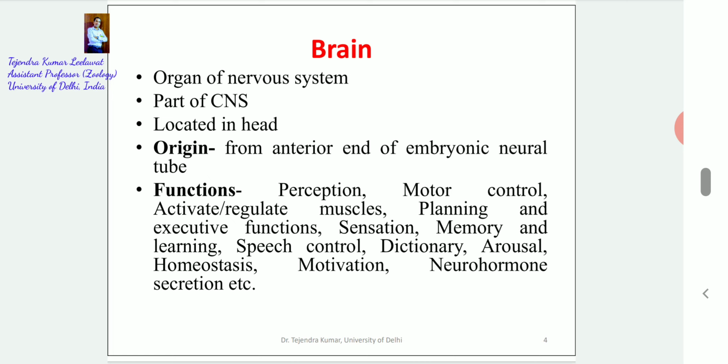Its functions are perception, motor control, activating or regulating muscles, planning, executive function, sensation, memory, learning, speech control, arousal, homeostasis, motivation, neuronal secretion, neurohormone secretion, etc. Many more functions are there, and I will discuss mostly functions in this lecture, along with their parts.